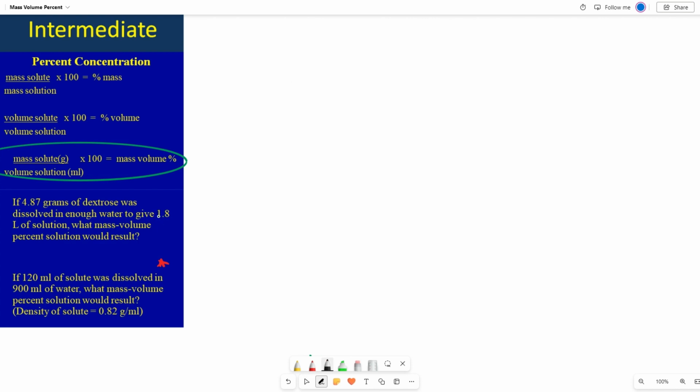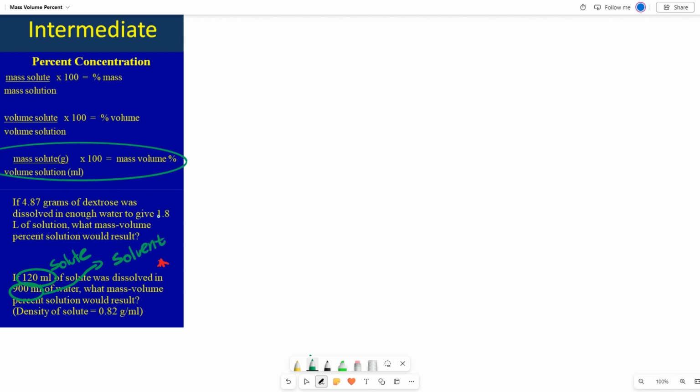It says you have 120 milliliters of solute, and that's being dissolved. So this 120 milliliters is our solute. And then it says it's dissolved in 900 milliliters of water. It doesn't say it's dissolved in enough water to give you 900 milliliters of solution. So this 900 milliliters is not solution. It's solvent.